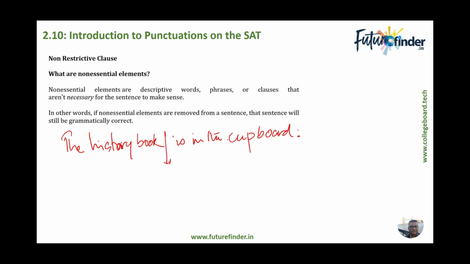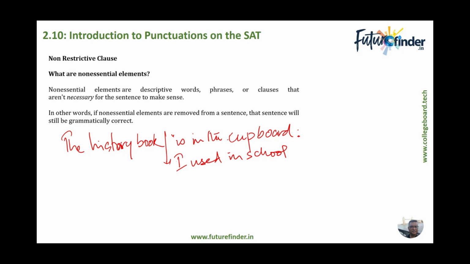Now out here, leave the space. Now write some additional information out here. The history book I used, or I read, whatever, in school is in the cupboard. Okay, so now the sentence reads, the history book I used in school is in the cupboard.